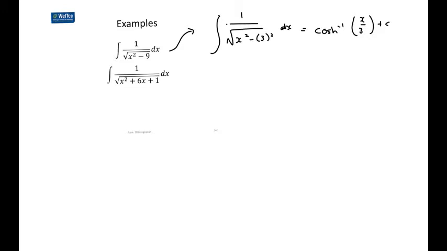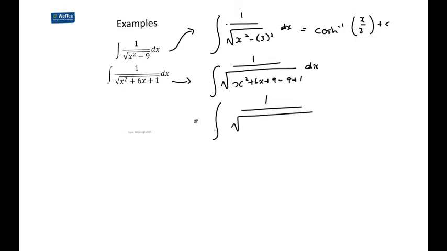The next one's a little bit more difficult. We have to jiggle it a little bit first, complete the square, and collect it all up, and then we'd see that that just becomes the integral of the square root of x plus 3 squared minus 8, and that would become the integral of square root of x plus 3 squared minus the square root of 8 squared.